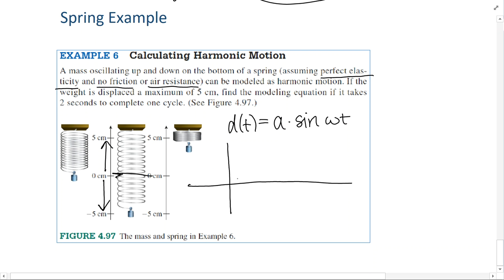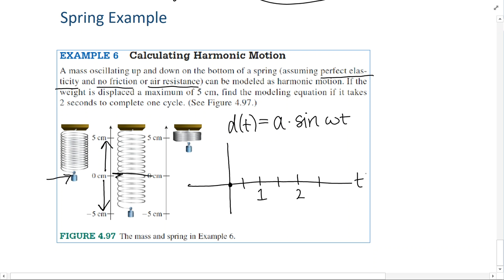All right, so at 0 seconds, we're right in the middle. You can see the weight is right in the middle, which we're calling 0. And it says that there are 2 seconds to complete one full cycle. So the way I'm going to think of this, here's 1 second, here's 2 seconds.